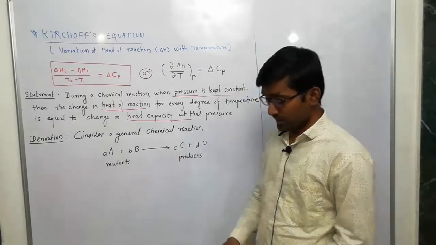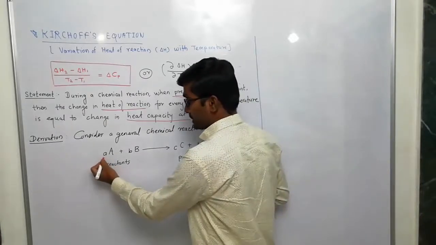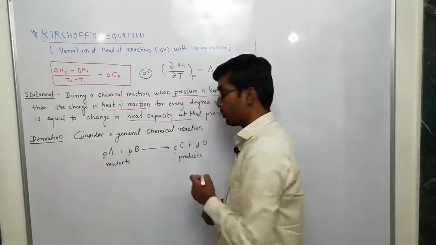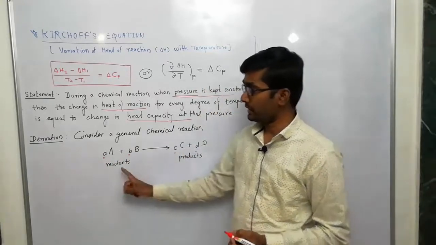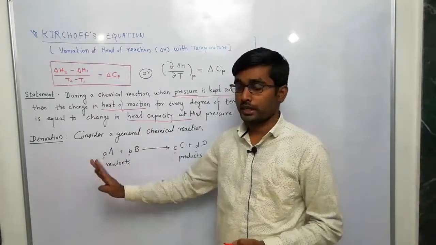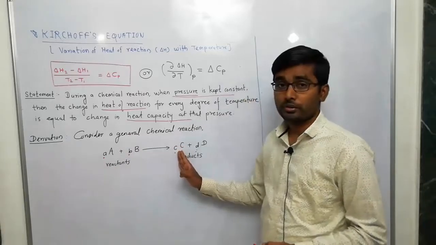The small letters a, b, c and d are the reaction coefficients, the number of moles of the reactants present or the number of moles of the products formed.